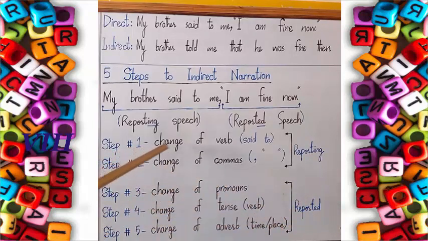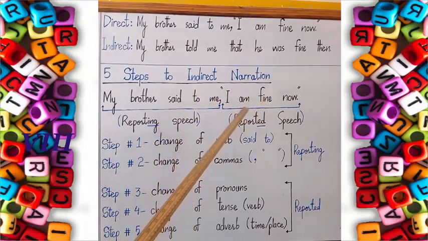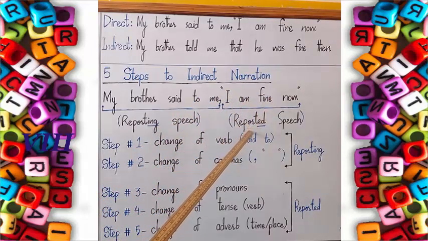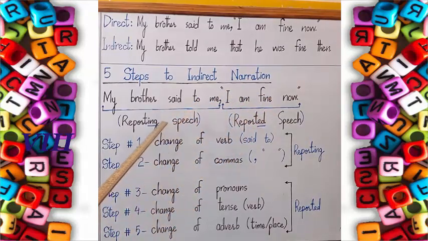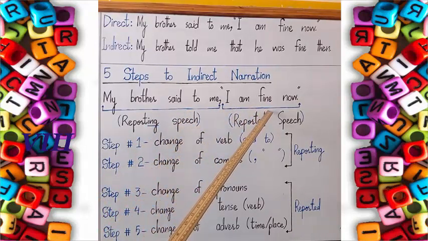These two changes take place in reporting speech, and these three changes take place in reported speech. What is reporting speech and what is reported speech we have previously explained. "My brother said to me" is reporting speech, while the speech inside the commas, "I am fine now," is the reported speech. So my brothers, we make two changes in reporting speech and three changes in reported speech.